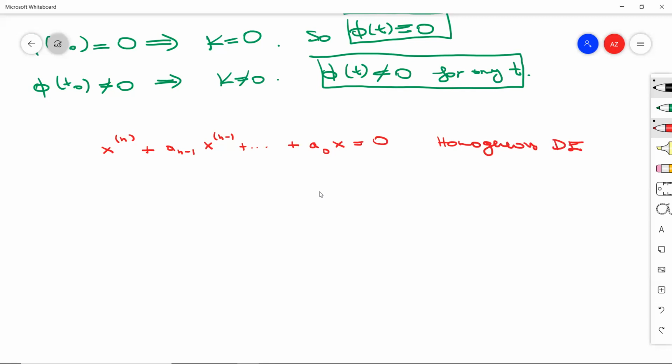By this algebraic trick of transforming the differential equation to a first order system, which we did last time, the system becomes x prime of t equals, and here we have the matrix of the system, which is a specific one. In the first n minus 1 rows, it has ones on the upper diagonal and 0 elsewhere.